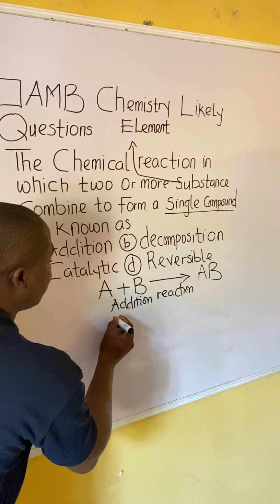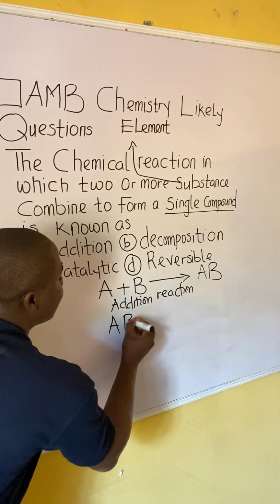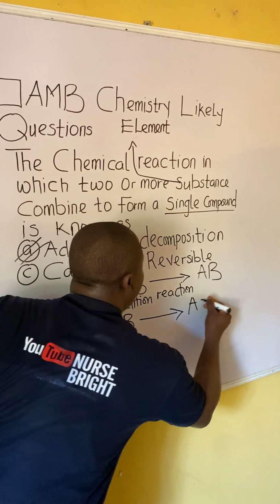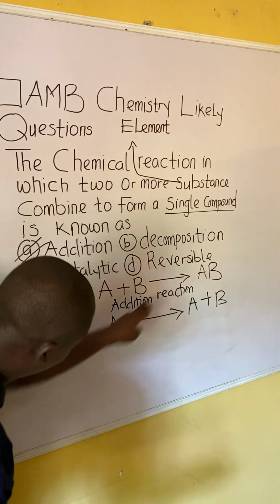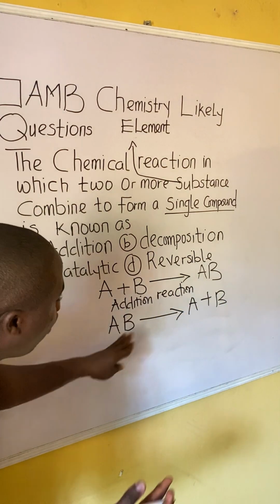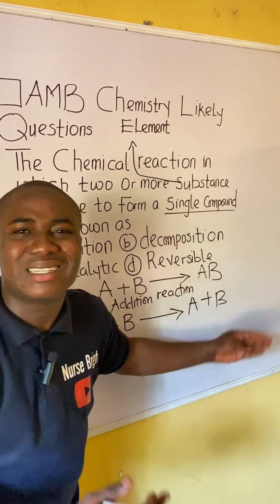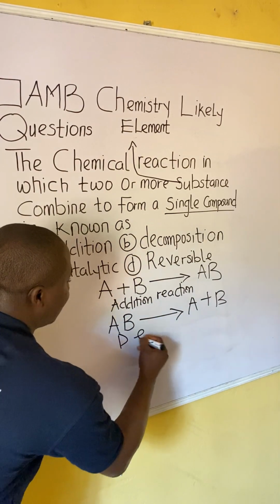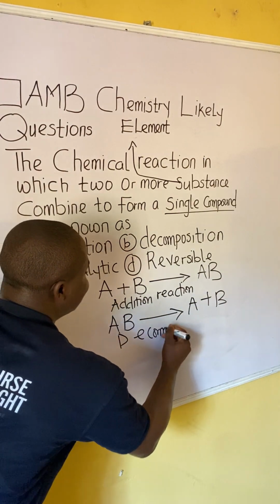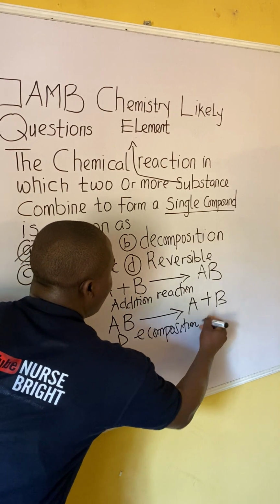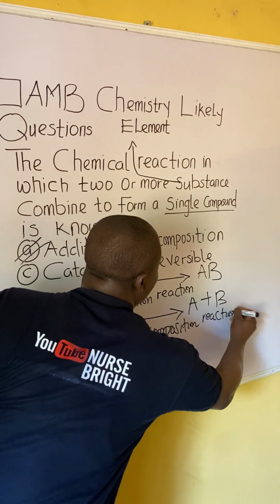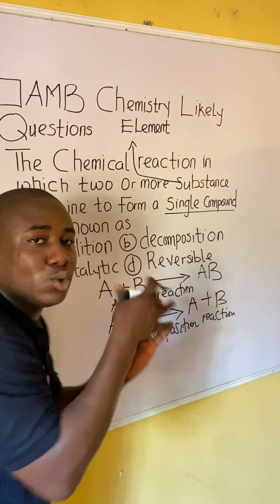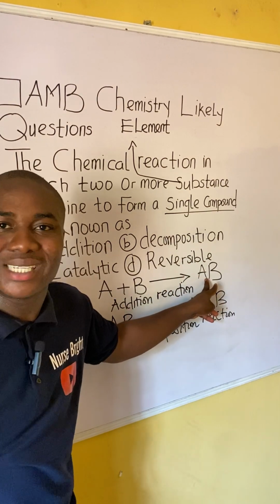So decomposition will be AB being broken down to give A plus B. I have broken the compound to form back the elements. So this reaction, the one just described, is called decomposition reaction. I believe you are following. This one is not addition. Addition is you bringing two things, adding them together to form a single compound.